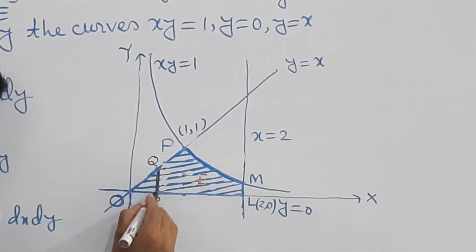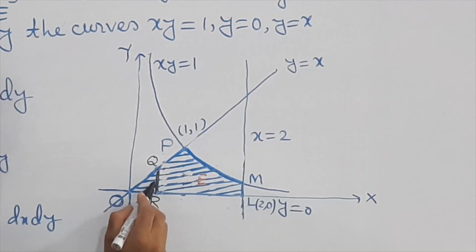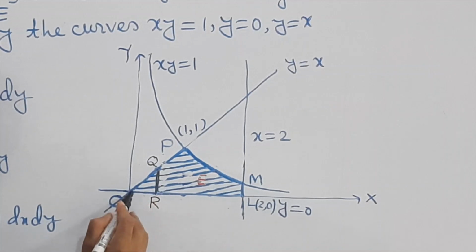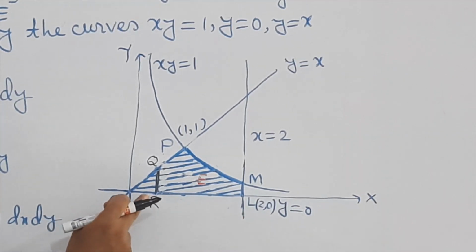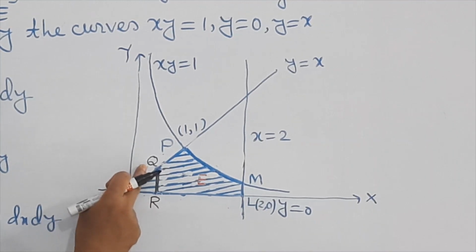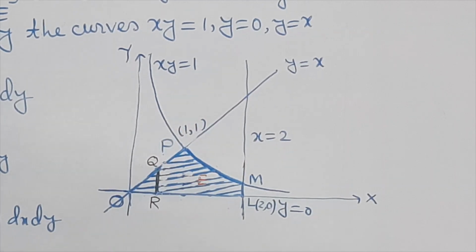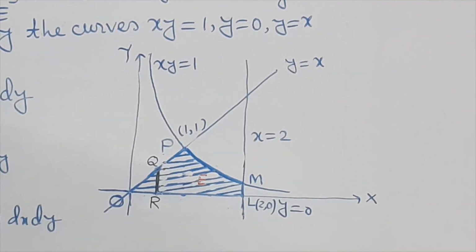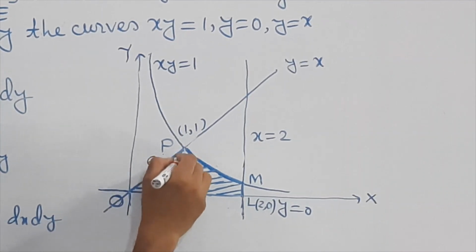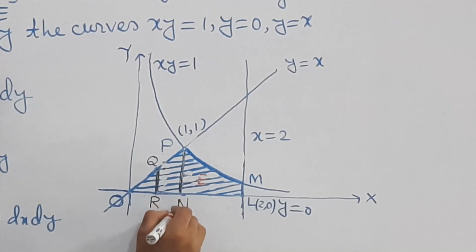Since the ordinate is movable, QR gradually moves from the point O to the point L. The end point Q lies on y is equal to x and another curve xy is equal to 1, and hence we can split the region E by the line PN.